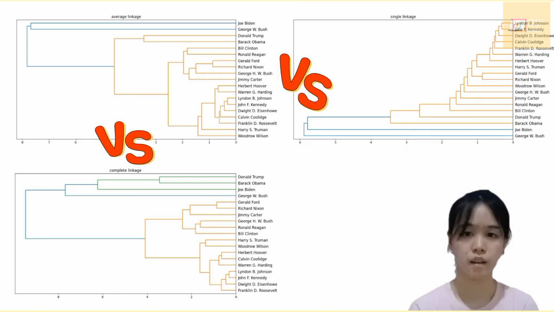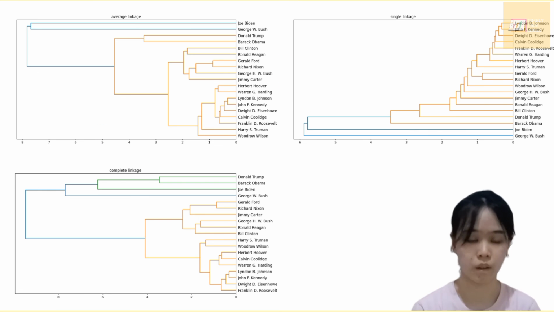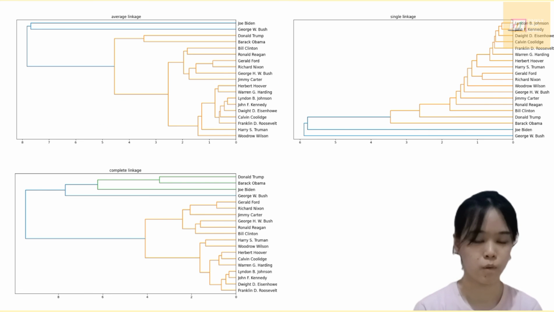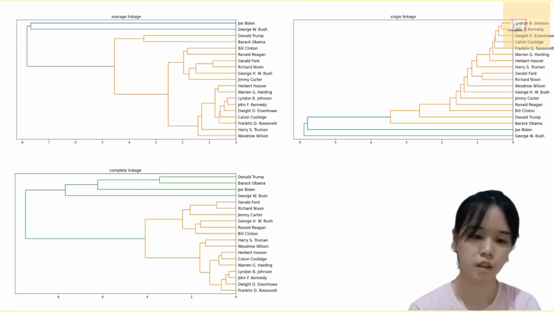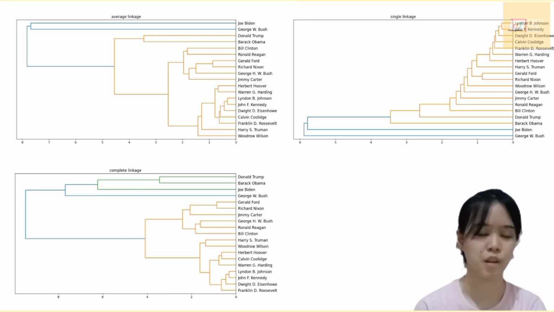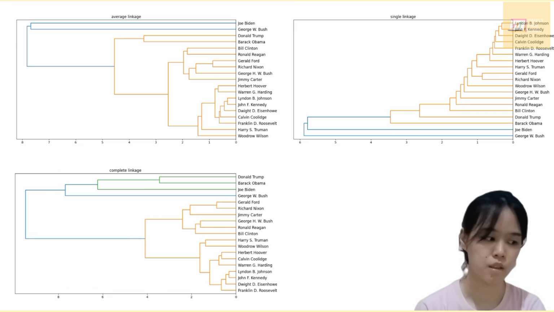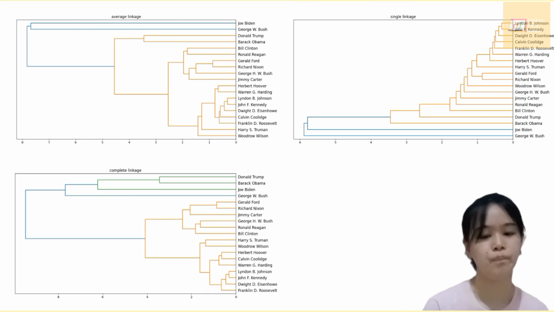I guess the next question is, what is the best dendrogram? What linkage could generate the best dendrogram? That's a very hard question to answer. First of all, because there's no one answer that could fit all situations.